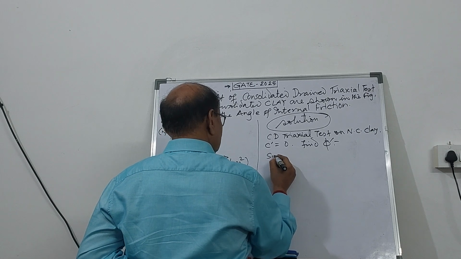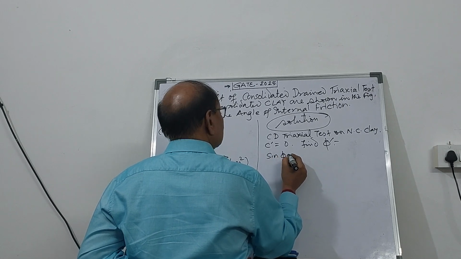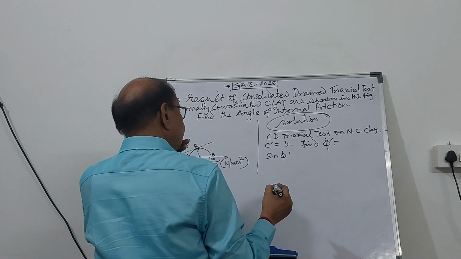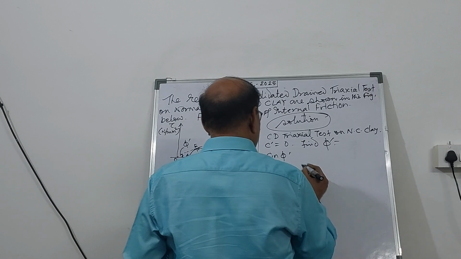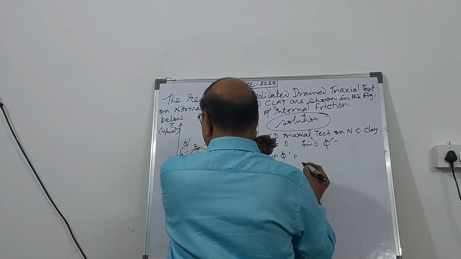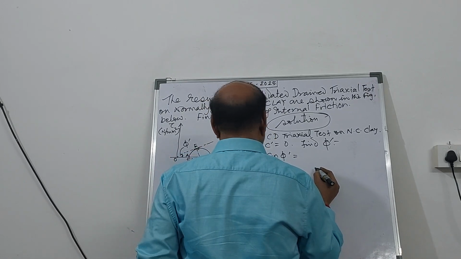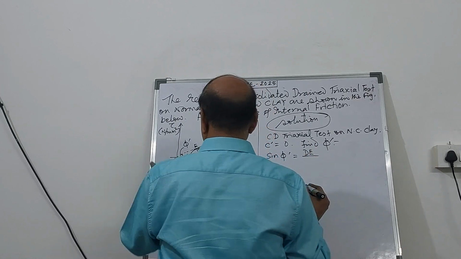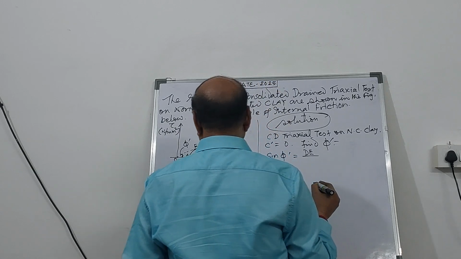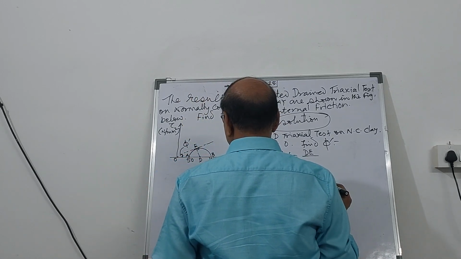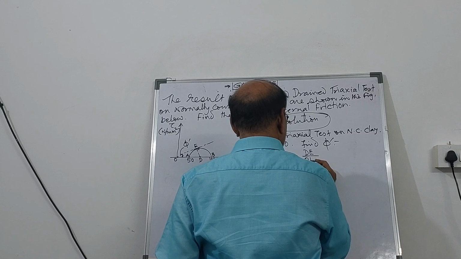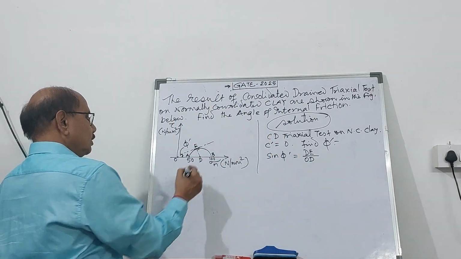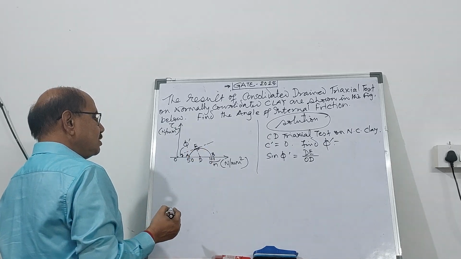So sine phi prime will be perpendicular divided by hypotenuse. In this triangle ODE, it is going to be DE divided by OD. DE becomes the radius.